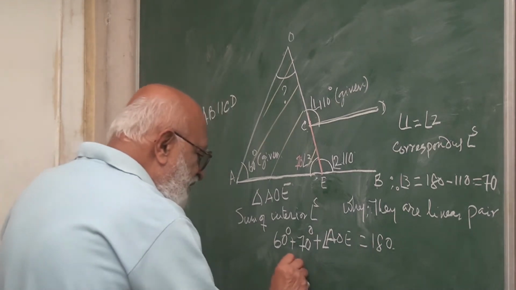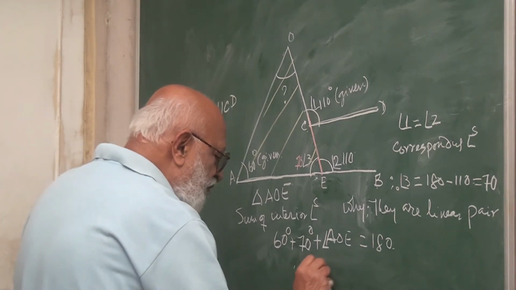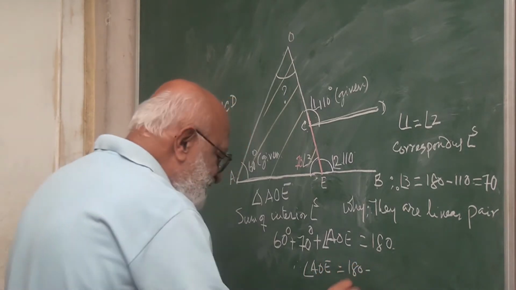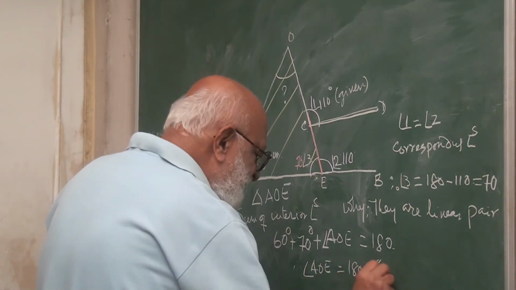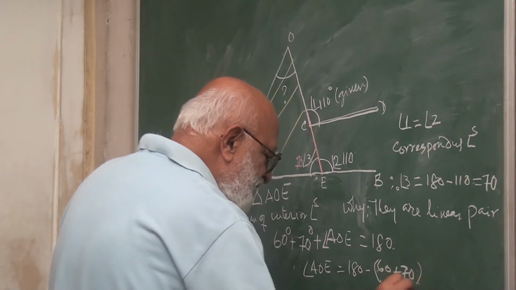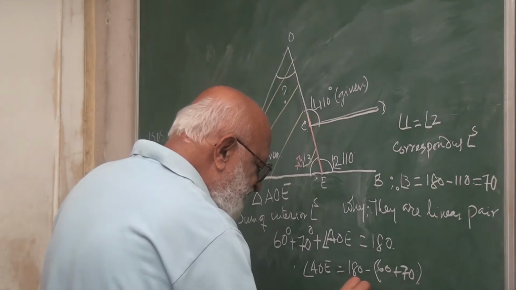So angle AOE will be 180 minus (70 plus 60), which is equal to 50.